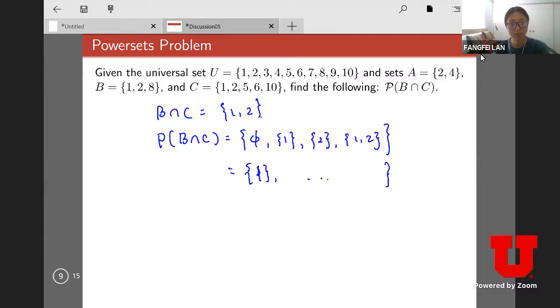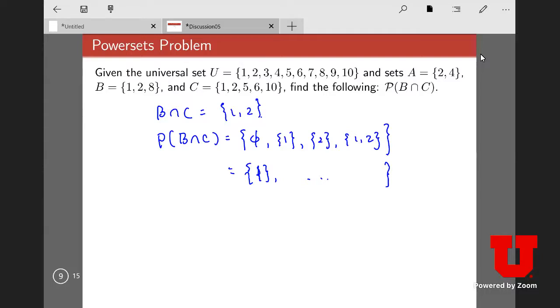So I have one question to clarify. Go ahead. Is the empty set in all the power sets? Yes, that is true. Empty set is in all the power sets because that is always a subset of any set, right? Even if it's the power set of the empty set, you still get the empty set inside. I was confused between that and the original set.